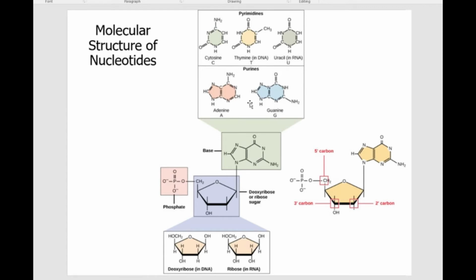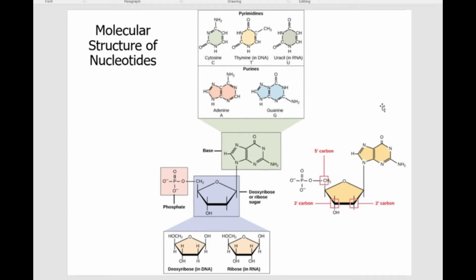This is how I remember it. We know that agriculture is very important, right? When you refer to agriculture, a lot of people use AG to stand for agriculture. So AG, you can group them together. Those are purines, and then the other 3 are pyrimidines.